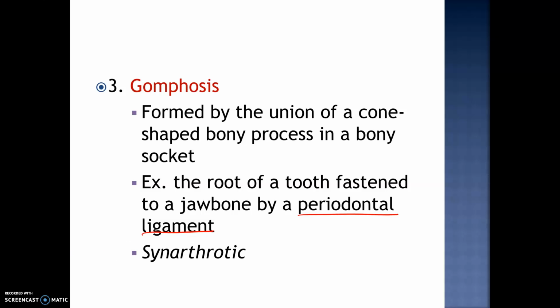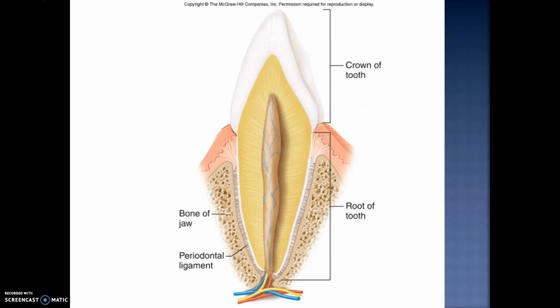And these again are synarthrotic, which means immovable. So if we see these tiny little hair-like looking structures that are around our tooth here, that is the periodontal ligament that is holding our tooth to our jawbone that is right here, either our mandible or our maxilla.